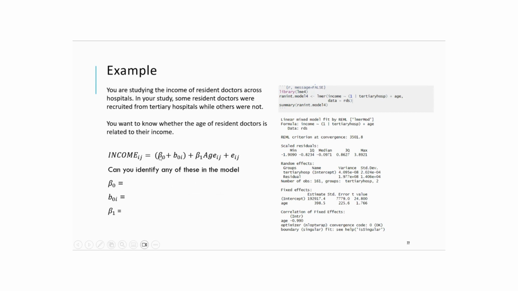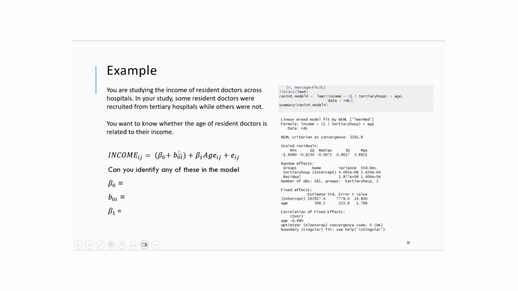So here we are, we have your global mean, and in this case, it's the average that doctors would earn, irrespective of whether they work in a community hospital or in a tertiary hospital, right?